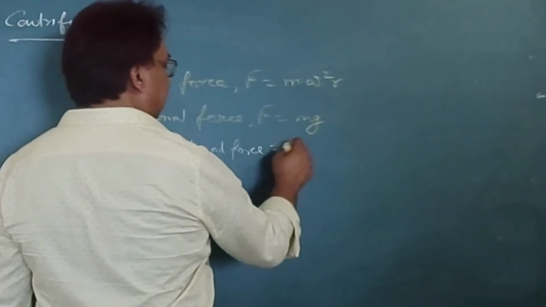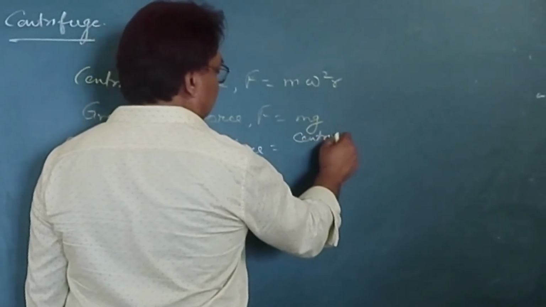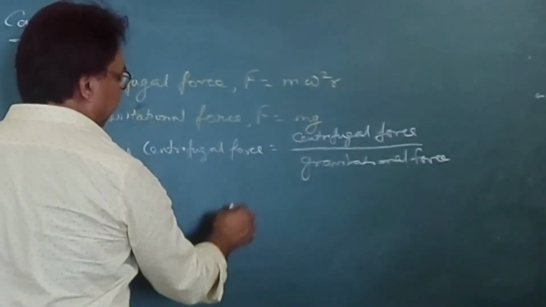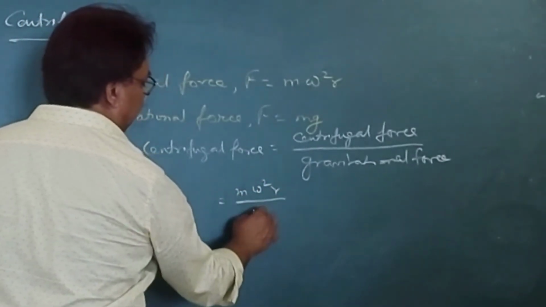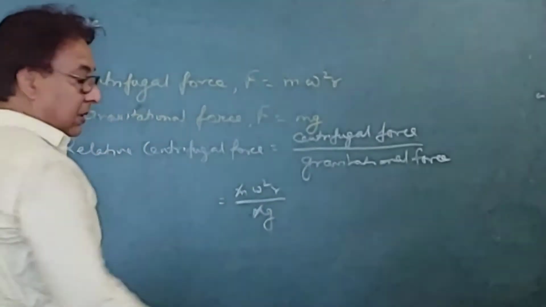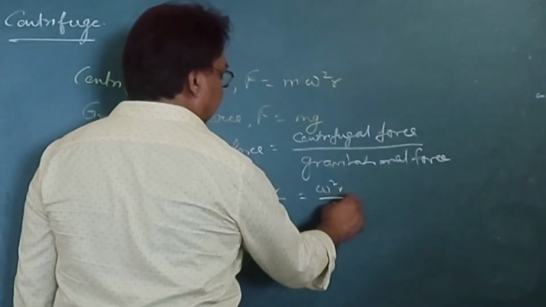It is basically the ratio of the centrifugal force to the gravitational force. So it will be m omega square r divided by mg. So m will be cancelled, and it will be omega square r by g.